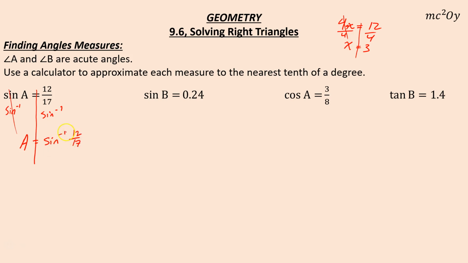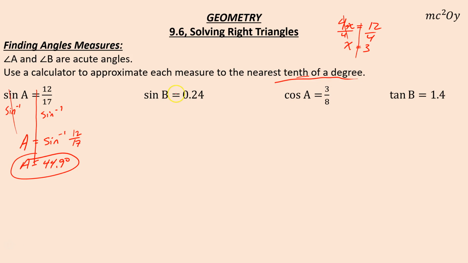Now if you find the inverse sine button on your calculator, it's usually second sine. So you find the shift key or the second key and push it, and that gives you the inverse sine. And then put in 12/17, you'd find that the measure of angle A is equal to 44.9 degrees if we round it to the nearest tenth here.